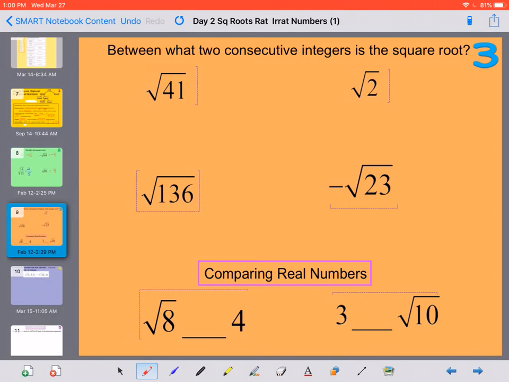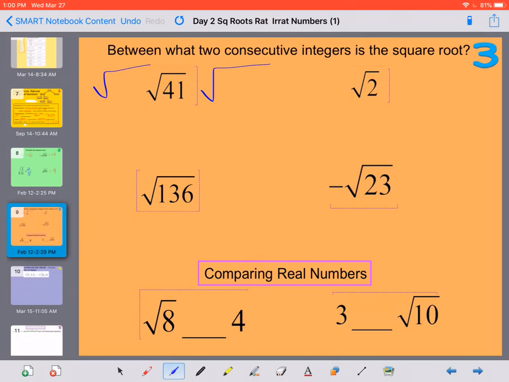Alright, so now it says between what two consecutive integers is the square root? For these ones, if we put this into our calculator, it's not going to give us a nice number. It's going to give us an irrational number. It's a number that doesn't repeat, but goes on and on forever. We need to figure out between what two consecutive integers the square root falls. So I need to figure out what are the two perfect squares that would go here and here?